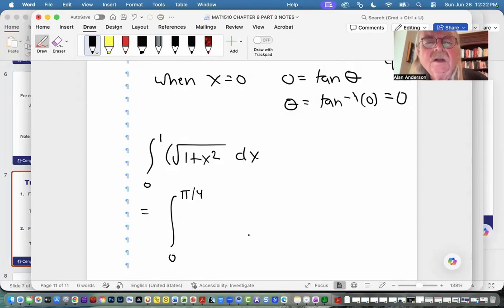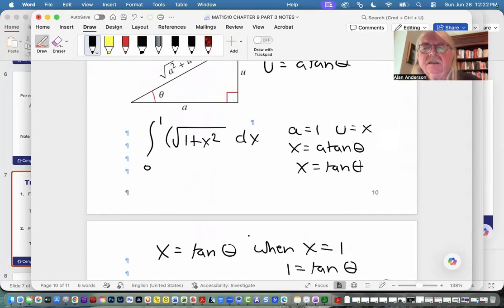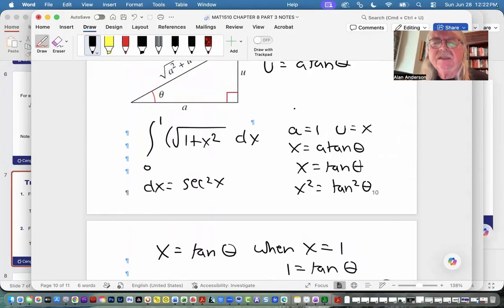Actually, we probably should have done this separately. Since x is tangent theta, x squared is tangent squared theta, and dx, the derivative of the tangent from the basic rules is secant squared.